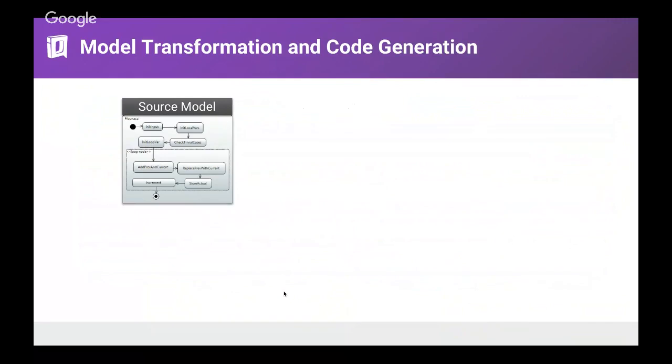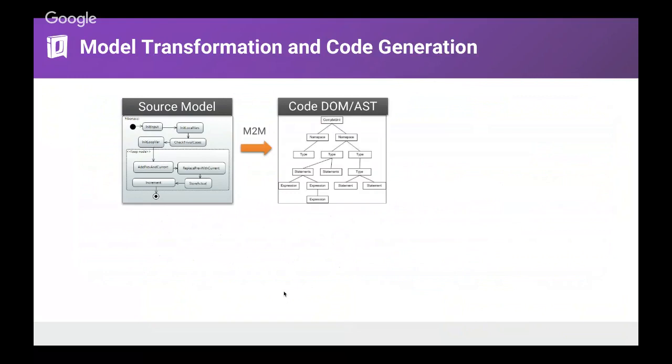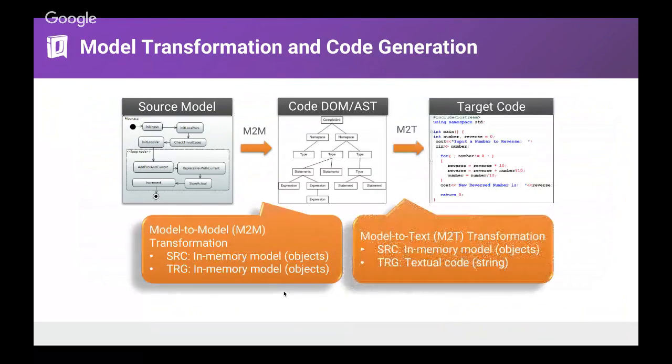So first of all, just to make it clear what I'm talking about here, model transformations are essentially pieces of code or programs that perform some modifications on your models. Sometimes these are model-to-model transformations, meaning that both the source and the target, so the input and the output of this code, is a model, so a structure of objects.